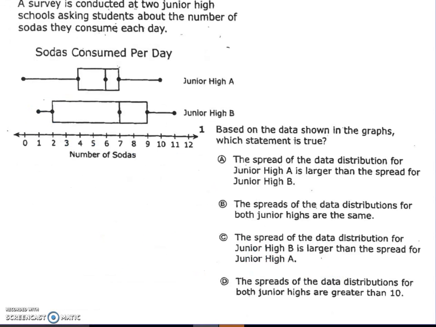Based on the data shown in the graphs, which statement is true? The spread of the data distribution for junior high A is greater than the spread for junior high B. Okay, so remember, spread is a key word for range. So we have 10 and 0.